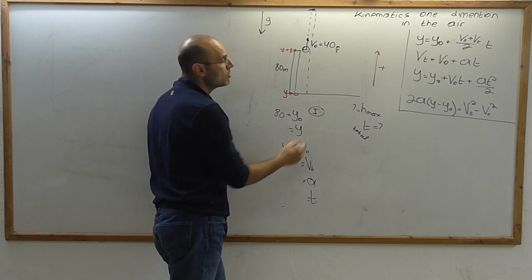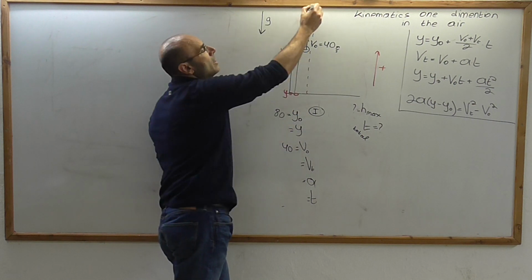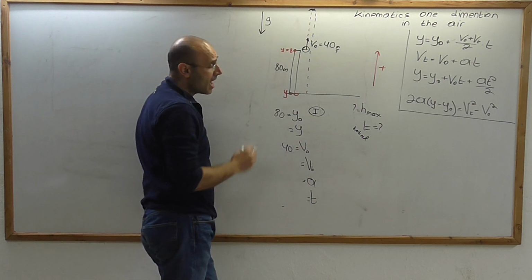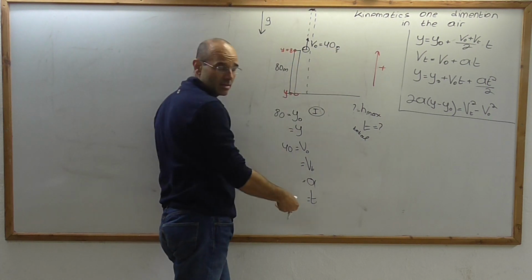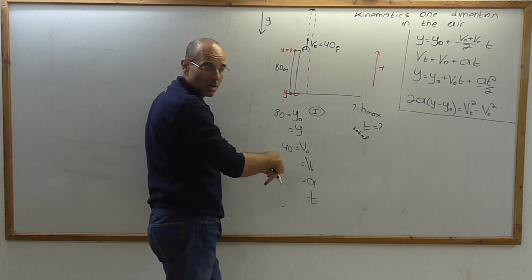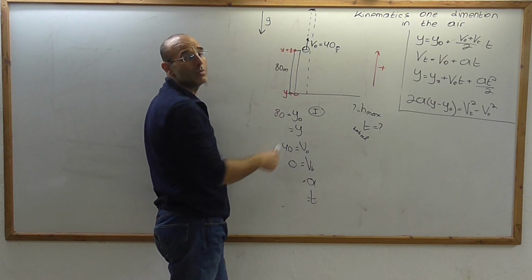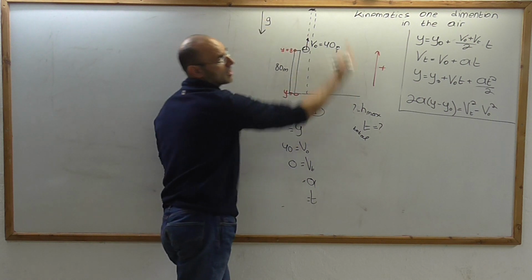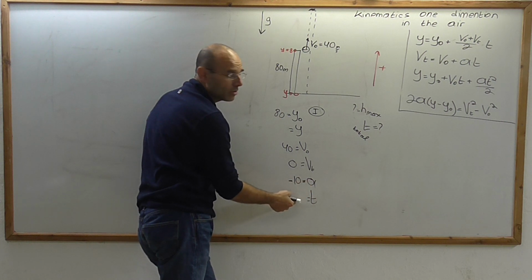V0 is 40 plus because it's in the positive direction. V final, at the H max, it will stop because then it starts falling down. So V final will be 0. A will be in this direction, and this is our positive direction, so it will be minus 10. And T I don't know.